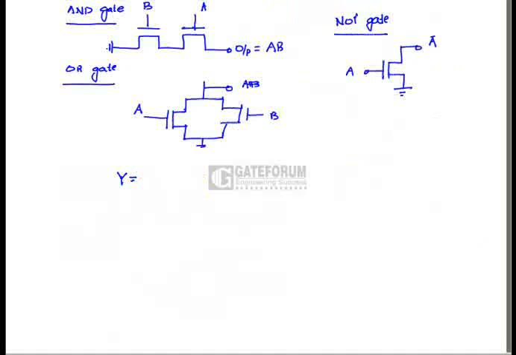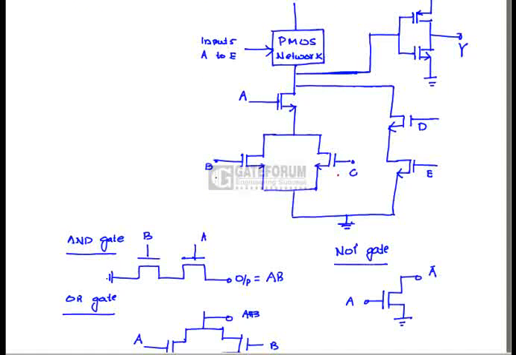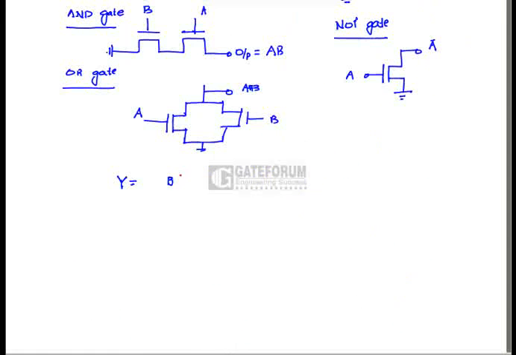These two transistors, B and C, are connected in parallel. Hence, the relation at the output of this parallelly connected NMOS transistor equals B plus C. Again, transistor A is in series with the transistors B plus C, hence the output equals A into (B plus C).